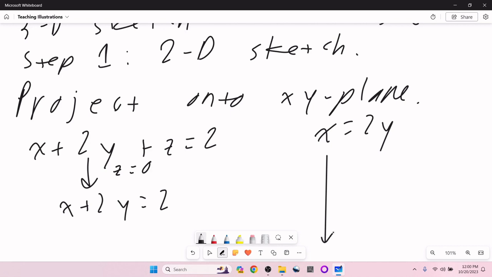So this defines our floor. If x plus 2y equals 2, that function goes through (0, 1) and (2, 0).